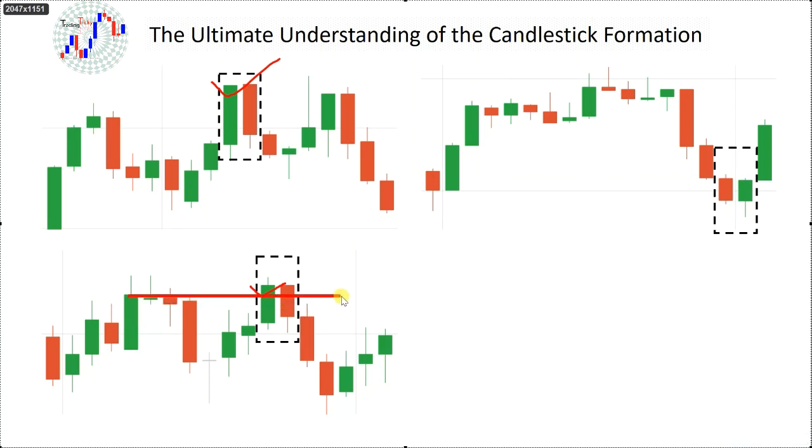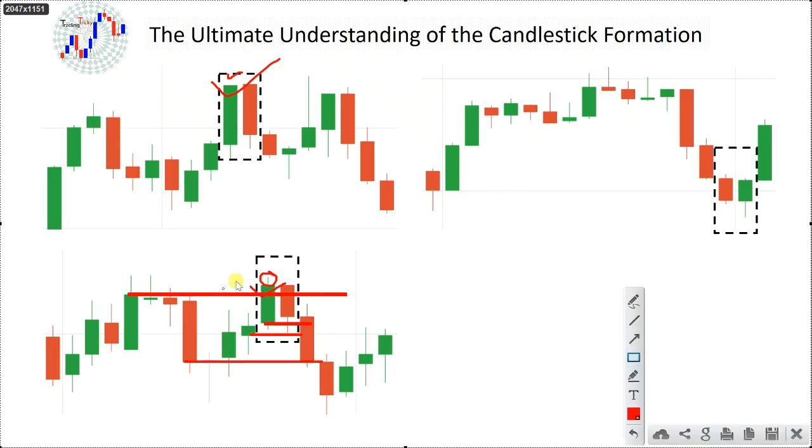This is a level. The only difference is that there is no rejection here, but here we have rejection. There is a gap, so this gap has to be filled. There are a few gaps, there are round numbers, and this is the next level. So there are more possibilities for sellers to enter after this situation.